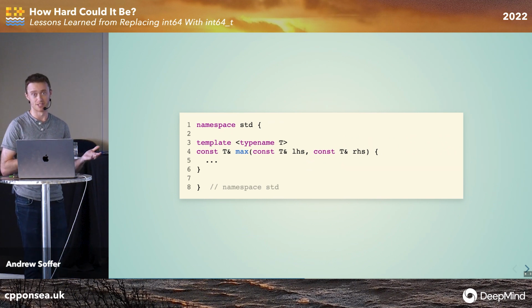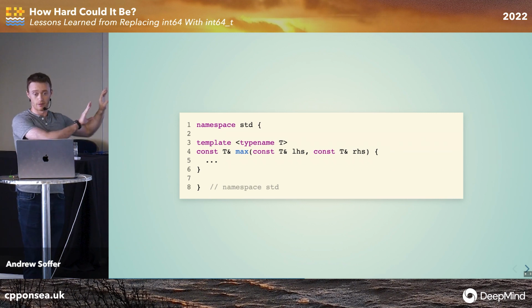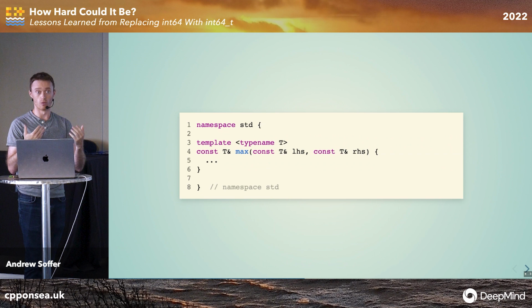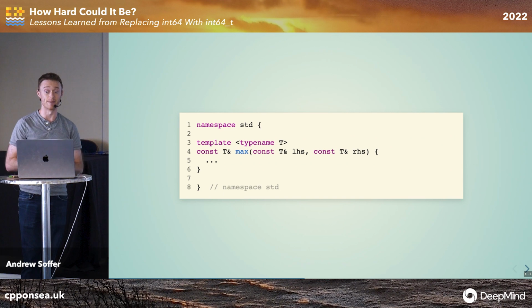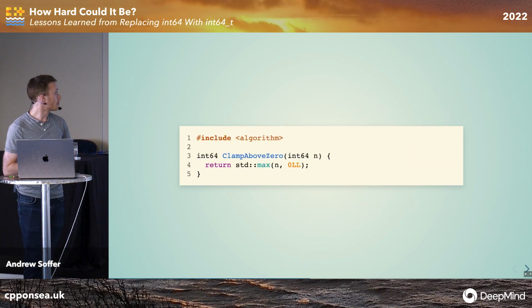The body of the function isn't particularly important, but what is important is that both of the parameters here are references to const T. In fact, they're totally identical, right? They're on equal footing. And so when you do type deduction, there's no way to know which one you should match or if you should prefer one over the other. And so what that means is they both have to be the same. And so if we go back to our example, and we see what happens.